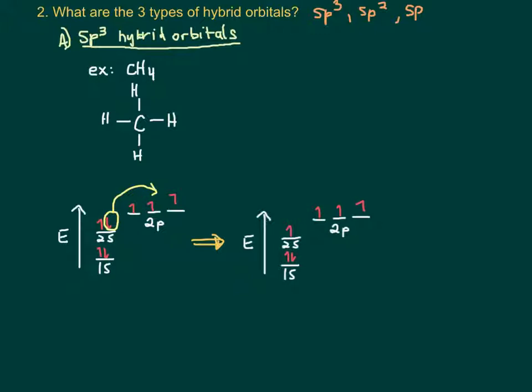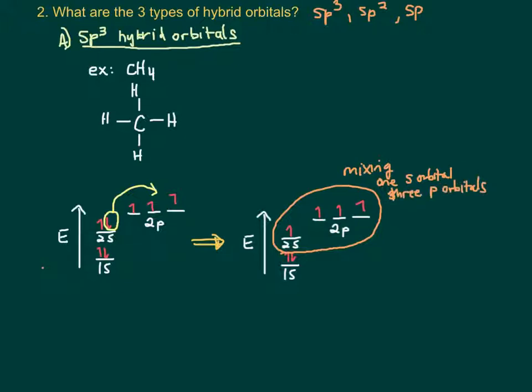Next, we know, or we think, that the 2s and the 2p orbitals are going to mix. So we're going to get a mixing of one s orbital and 3 p orbitals.